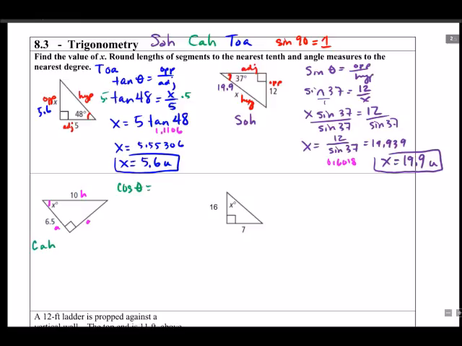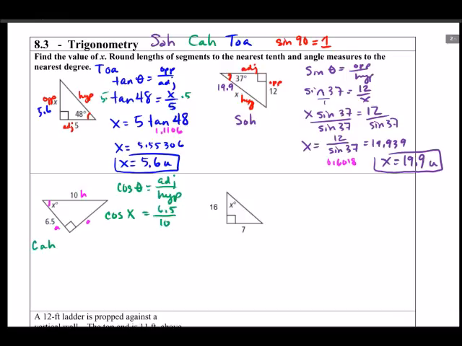So cosine theta equals adjacent over hypotenuse, cosine of x, or theta. We can call it x if you want. Equals adjacent, 6.5, over 10.